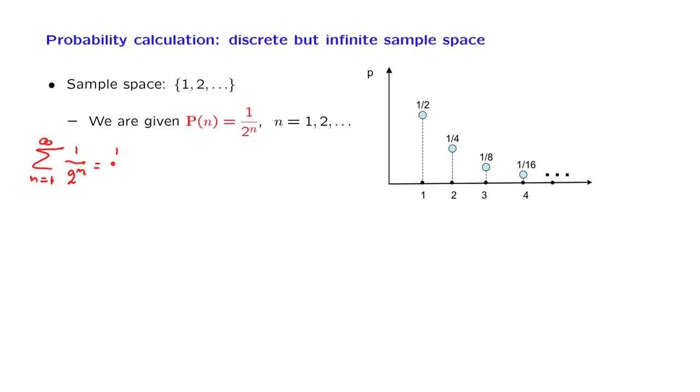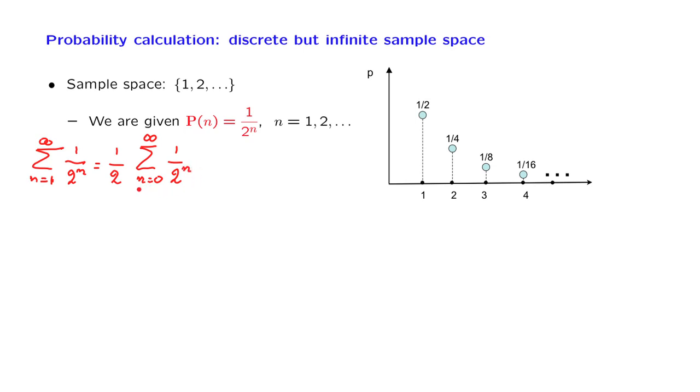First, we take out a factor of 1/2 from all these terms, which reduces the exponent from n to n minus 1, or this is the same as running the sum from n equal 0 to infinity of (1/2)^n.